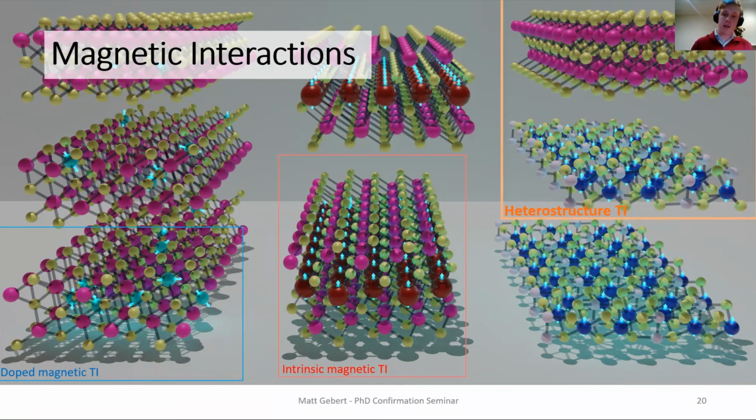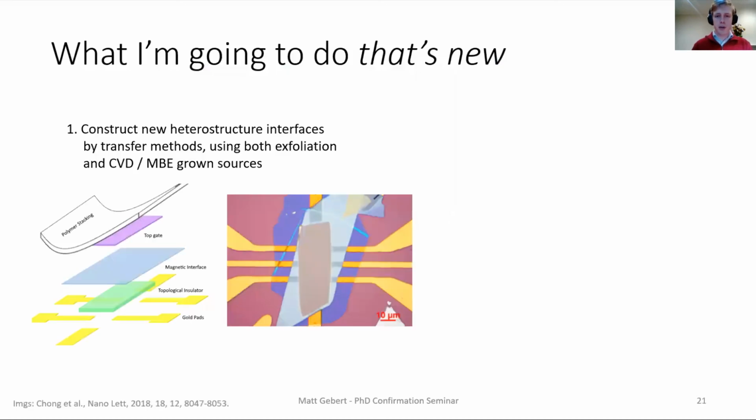And this last one is where I'm going to be focusing my work in trying to create this sort of phenomena. So what am I going to do that's new? I guess my aim is to start using exfoliated crystals or growing crystals and interface them together in a different way.